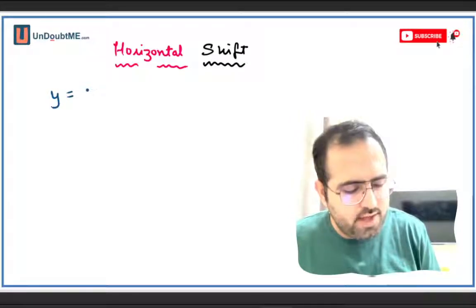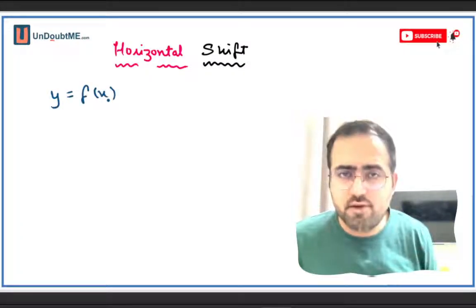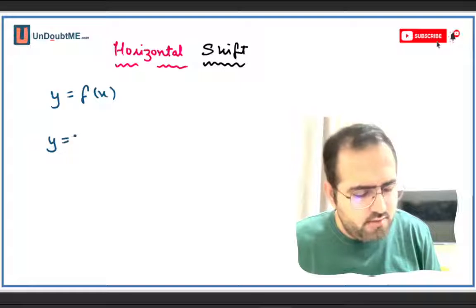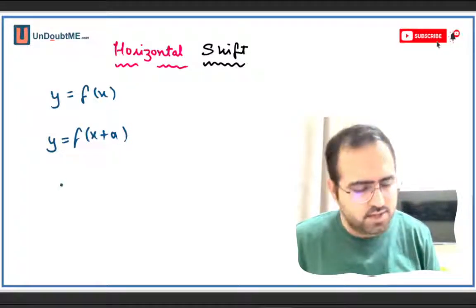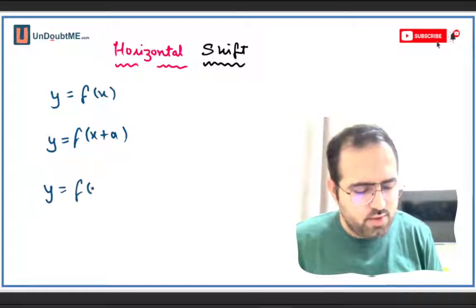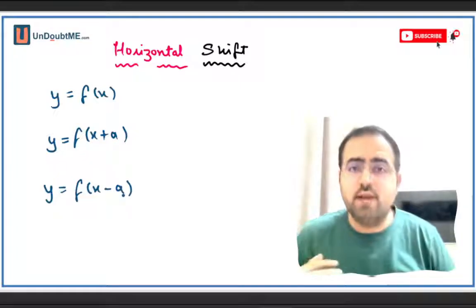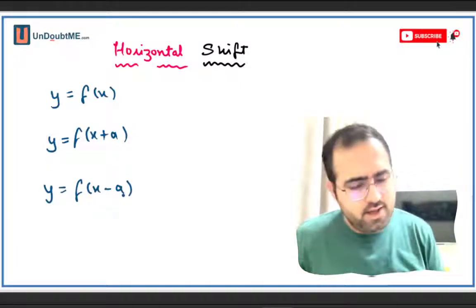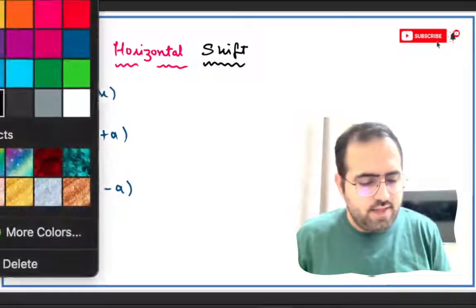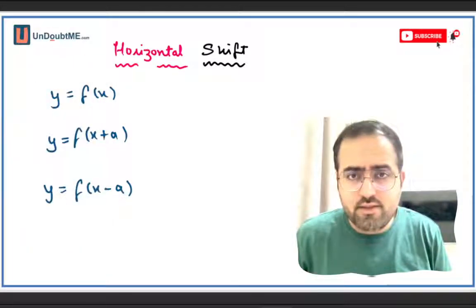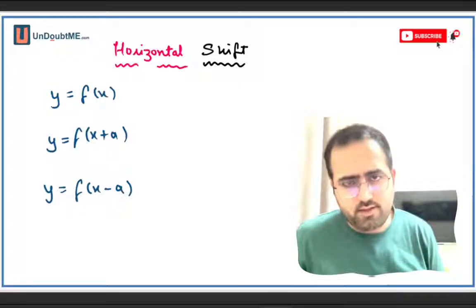If I have y equals f(x) as the original function, y equals f(x + a) as one transformed function, and y equals f(x - a) as another transformed function, then it is quite visible that f(x + a) is the transformation of f(x).